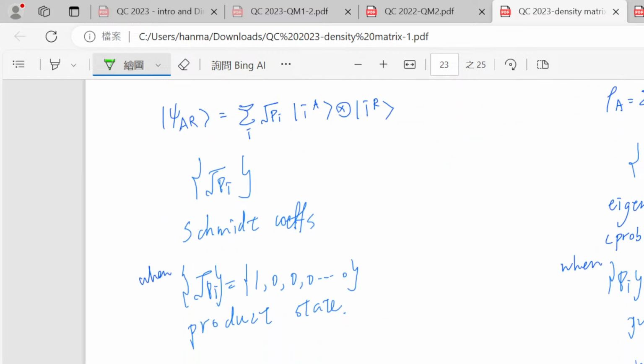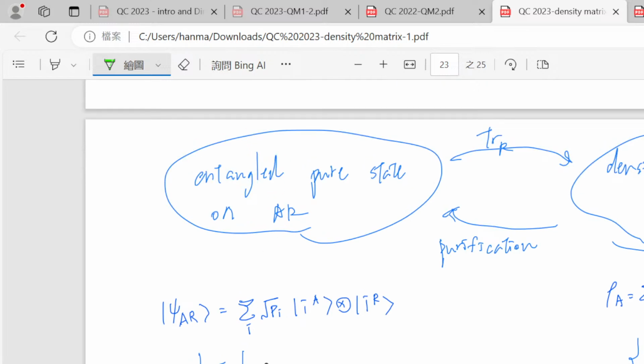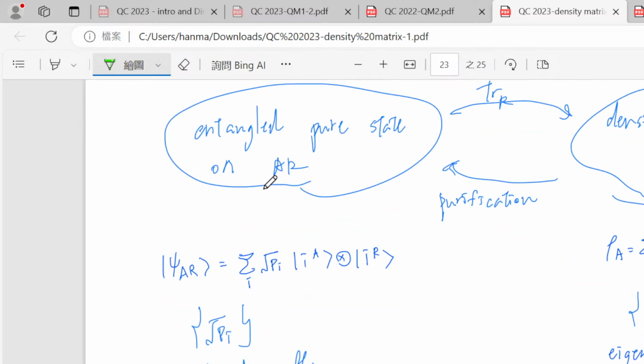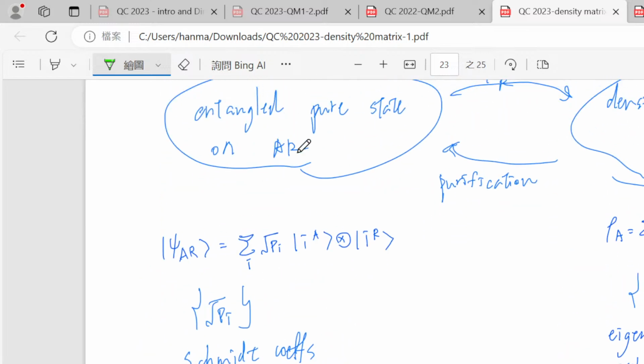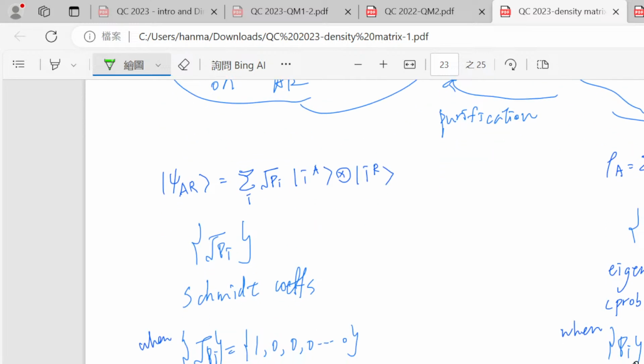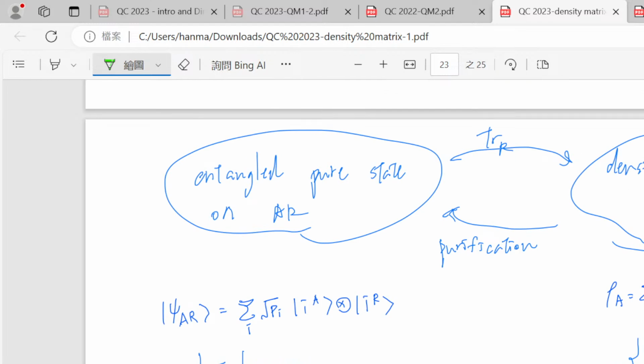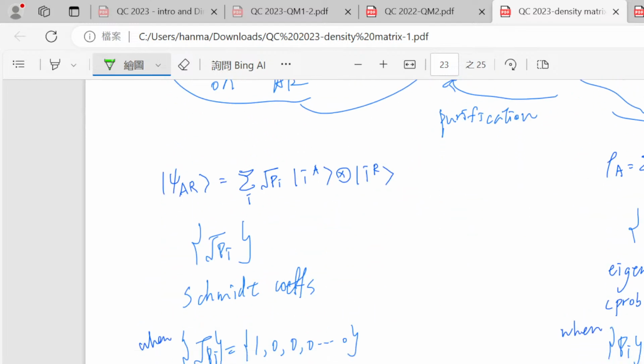So as an extreme example, if the Schmidt coefficient is very concentrated, then you have a product state between A and R. So it will be like some psi A tensor psi R, and that makes sense because the corresponding density matrix here will also be a pure state.